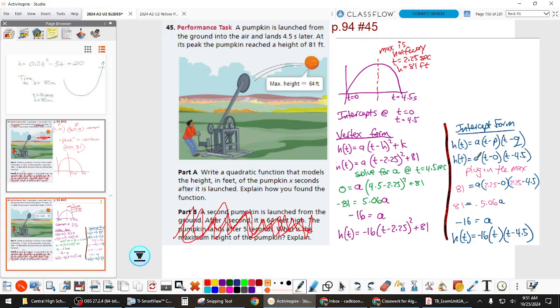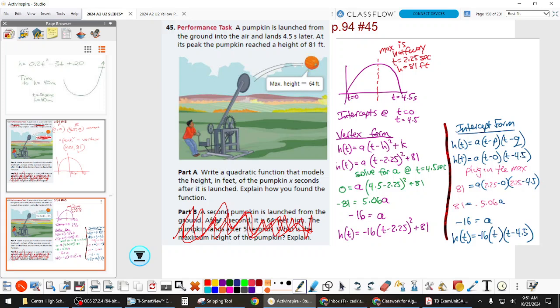So I'm plugging in 2.25 and 81. I have to plug in 2.25 in two places because there's two places where t goes. But you notice we get the same exact thing, okay? 2.25 times negative 2.25 is negative 5.06. Just divide to get negative 16.